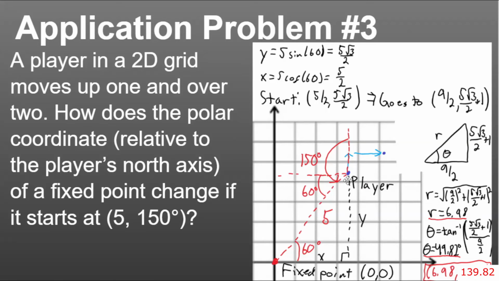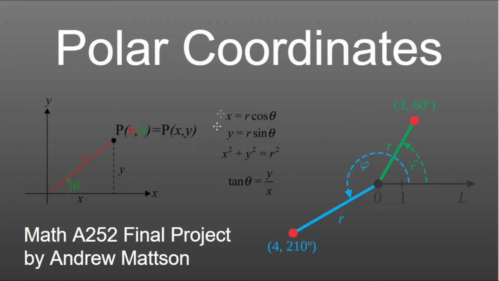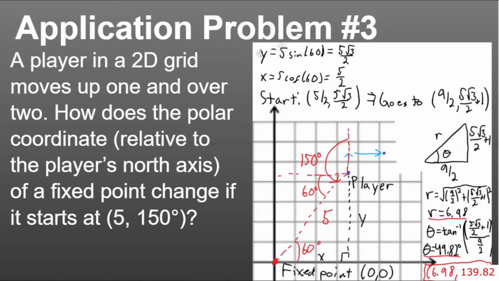So what I did first is using these equations that were actually in my intro here, x equals r cosine theta and y equals r sine theta, I found that y is going to be equal to 5 root 3 over 2, and x is equal to 5 over 2, just based on my drawing here with my triangle.